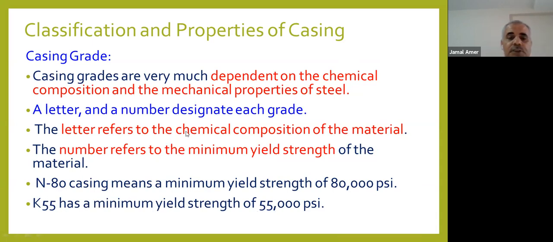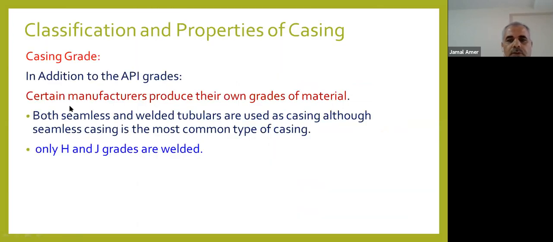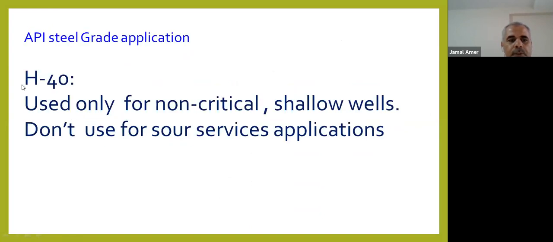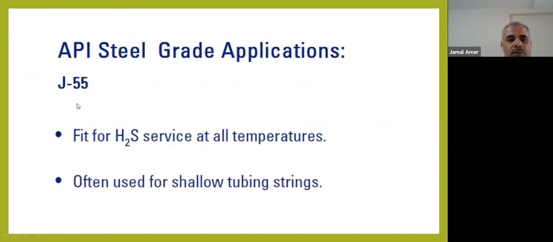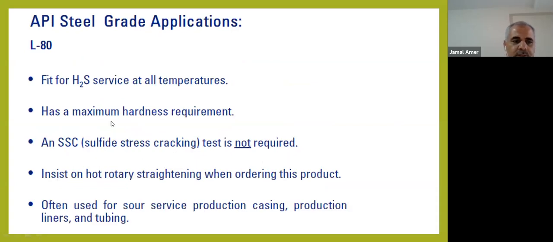In our presentation we'll discuss each one and where it's best to be utilized. H40, J55, K55 and so on, at all temperatures. So all this we will discuss during our next course.